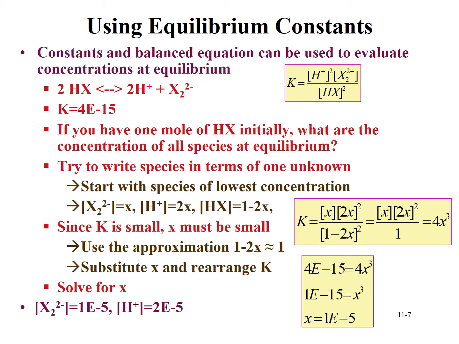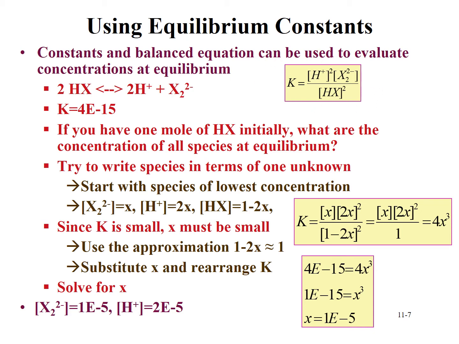This constant here, let's assume it's 4 times 10 to the minus 15. You can use this to answer the question: initially, if you have 1 mole of HX, what are the concentrations of all species at equilibrium? So if we think about this, we can write a reaction here. We have the complexation constant here.